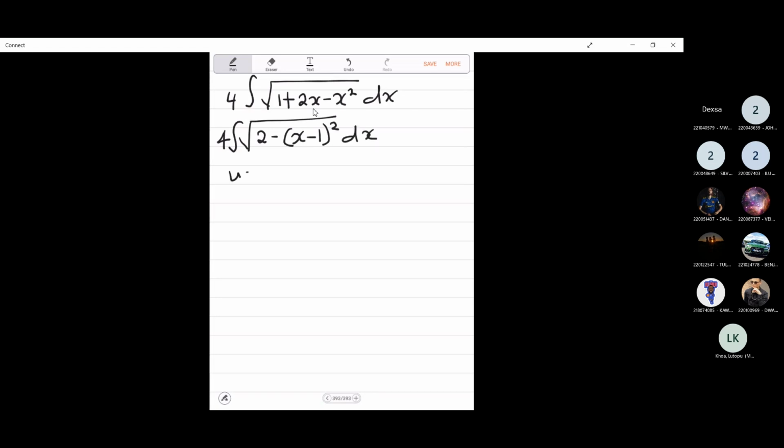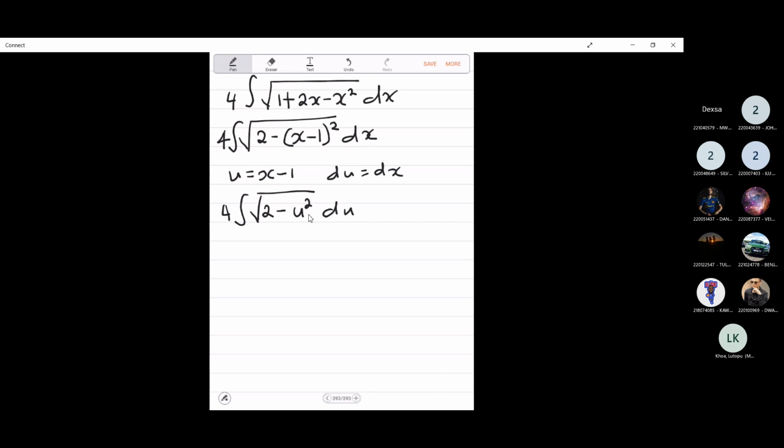So we'll let u equal to x minus 1. du is equal to dx, so it's 4 integral square root of 2 minus u squared du. Okay, so now I have a squared minus u squared.